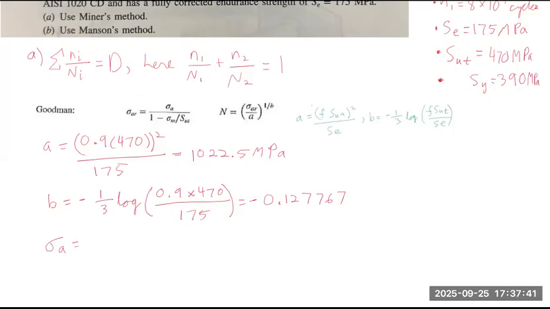Therefore, many engineers use Kf only for sigma A, but not sigma M. However, in some methods or conservative designs, sigma M is also multiplied by Kf, especially if the mean stress contributes significantly to crack initiation. If you're using a conservative modified Goodman diagram and want a safety margin, or the material is brittle, where static and cyclic strength are both sensitive to notches. So there you have it.